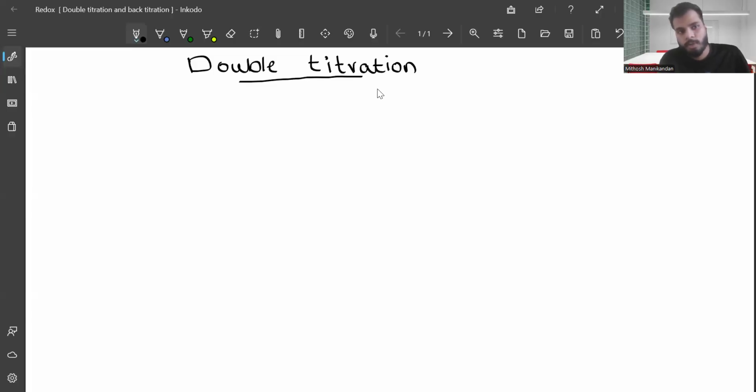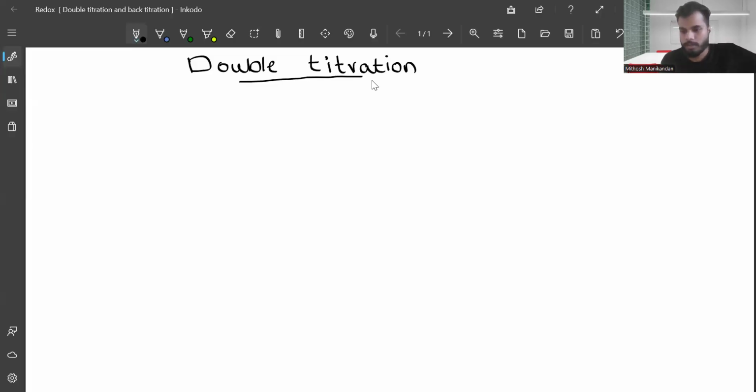But I'll try to keep the explanation very simple, with minimal jargon related to ionic equilibrium, so that this will be useful for students who are learning this for the first time and those in 11th who haven't done equilibrium yet.